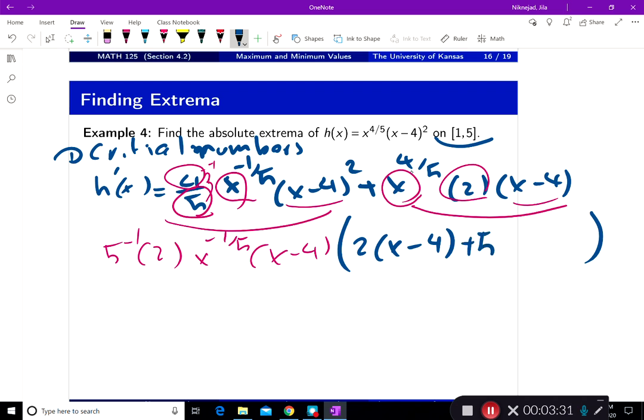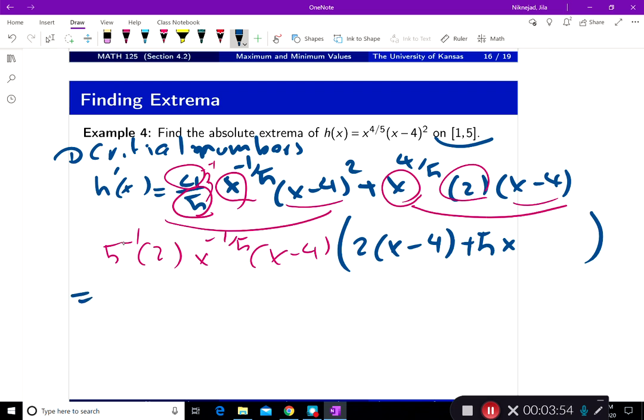And x to the power 4/5 was divided by x to the power -1/5, so x to the power -1/5 comes to the top and multiplies, and I get x. At this point, I have everything factored.